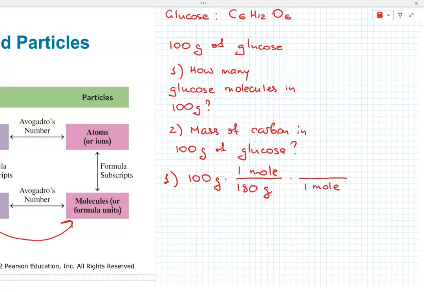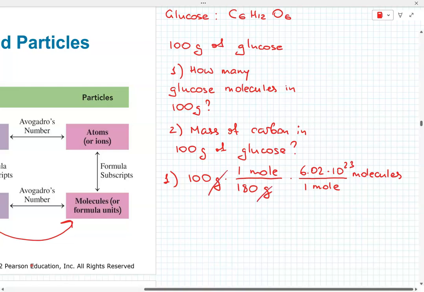What should go on top? Does that make sense to you? So you're canceling out mole. Yep. In the second step, that's why you put it at the bottom.